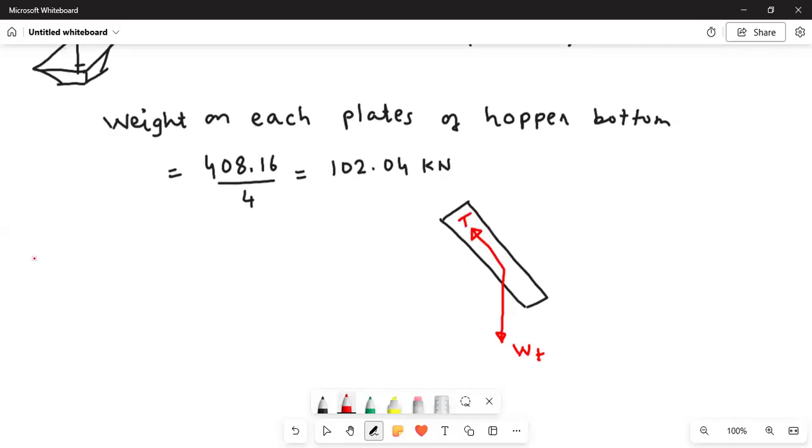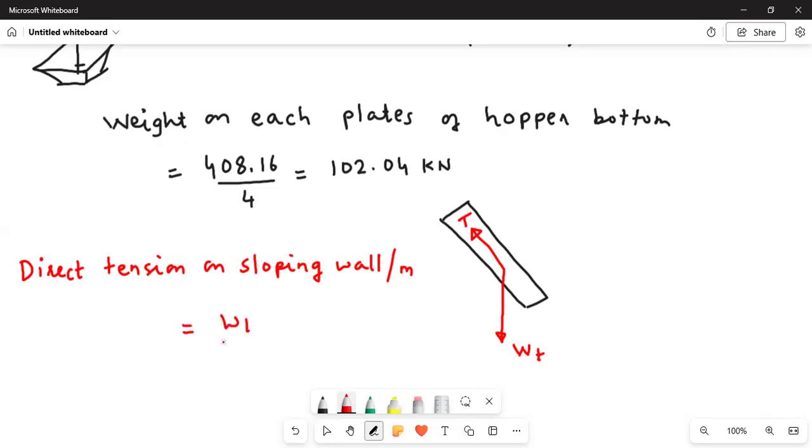Okay, so I will write here direct tension on sloping slab, sloping wall, per meter length. Whatever tension we calculate will be per meter length. So that is equal to WT divided by sine 45 into L.